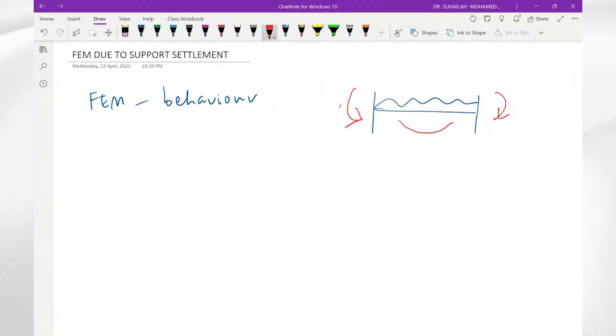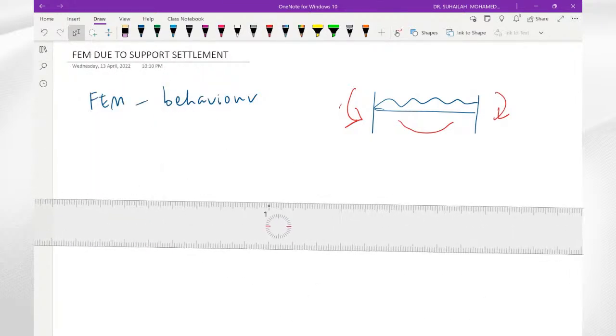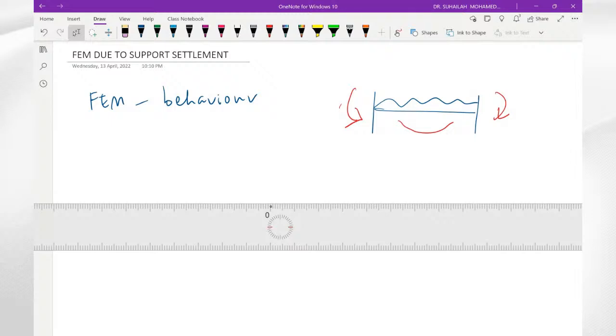But kalau due to side sway, kalau due to support settlement ni, dia macam ni. For example, we have a beam. Kita nak try to understand concept beam with settlement.